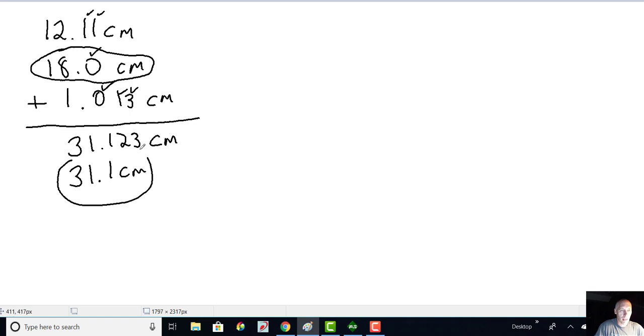And once again, that 1 digit past the decimal is limited because of that measurement right there. Very simple rule to follow for addition and subtraction. You simply look at the number of digits past the decimal, and that determines how far you can go in your final answer.